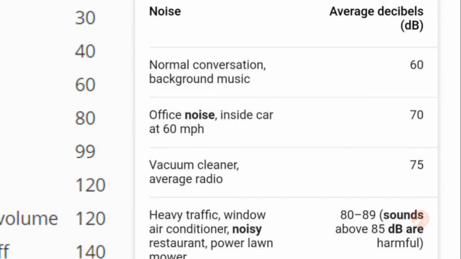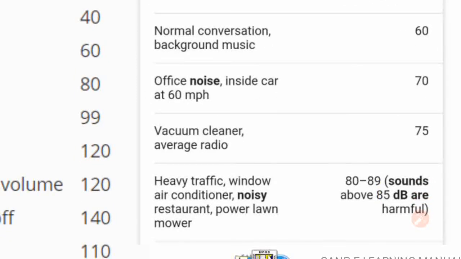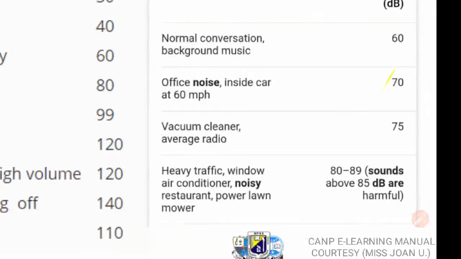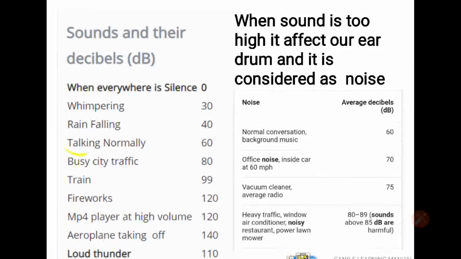Once it's above 70, it is considered noise. A vacuum cleaner, average radio, if it's above 75, is considered noise. Heavy traffic, window air conditioner, noisy restaurant, power lawnmower, they are all considered noise at 80 to 89 decibel, and they are very harmful to our ear.